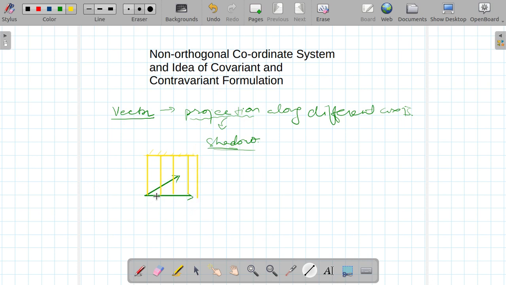In this form, this is the shadow region. Right?